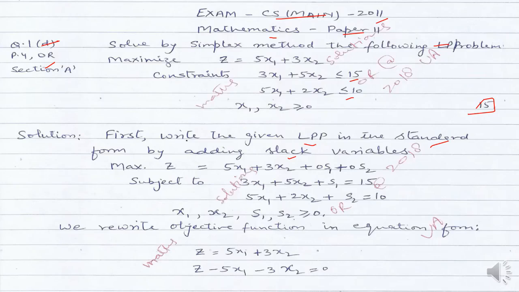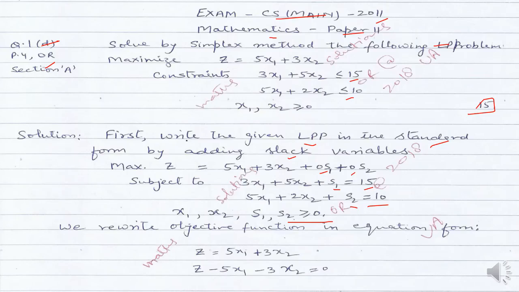We rewrite it: maximize z = 5x1 + 3x2 + 0s1 + 0s2, subject to 3x1 + 5x2 + s1 = 15, where s1 is a slack variable, and 5x1 + 2x2 + s2 = 10, where s2 is again a slack variable. In the objective function we write 0s1 + 0s2. Now four variables are there, x1, x2, s1, s2, and these are greater than or equal to 0.